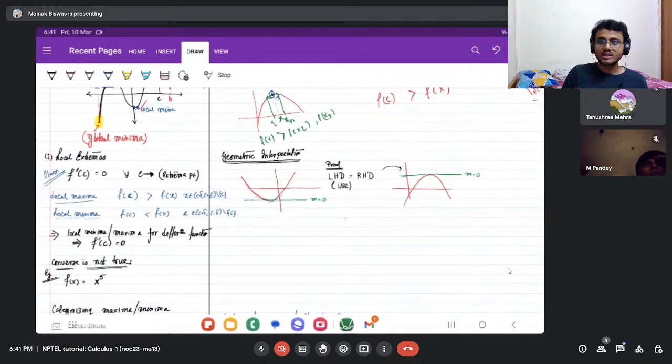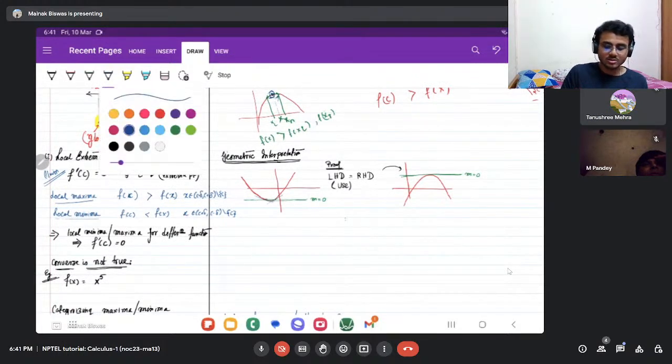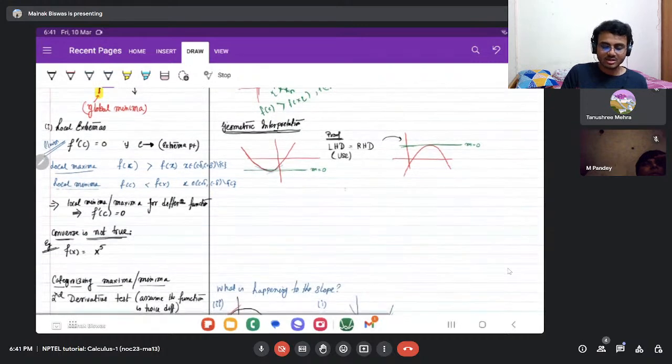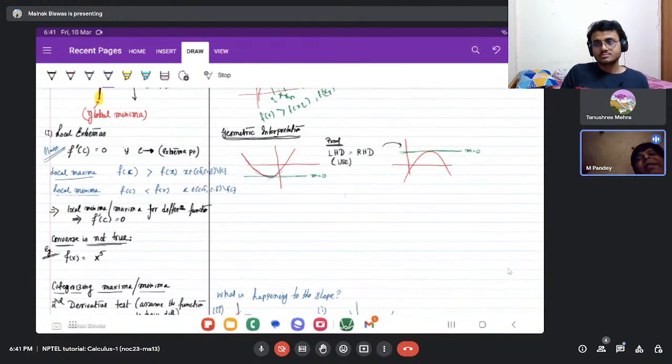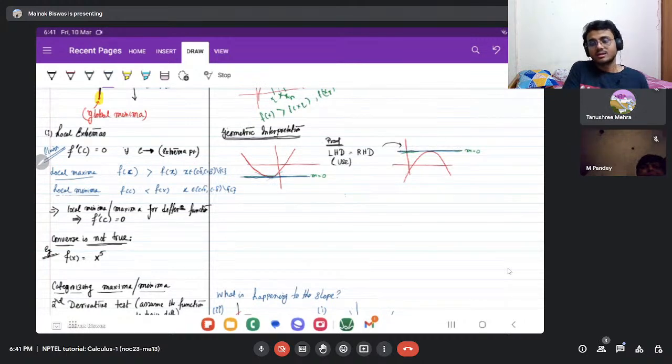You just now said yes. You have to. Can you tell me why it will be 0? Just the geometric understanding will do. Horizontal tangent. Yes. So you see the tangent here at this point where you are having an extrema, you are having this parallel to the x-axis, right?